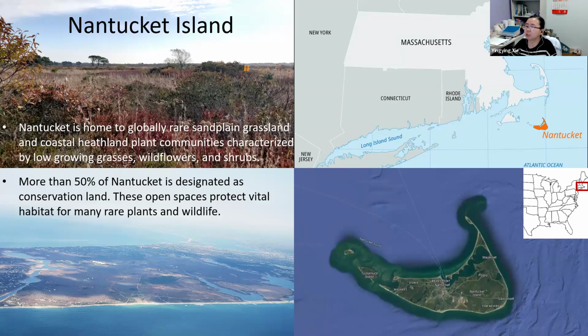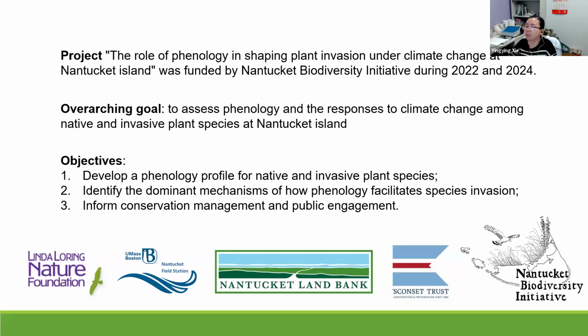So this project is about understanding the role of phenology in shaping plant invasion under climate change on Nantucket Island. The major goal is to assess phenology and the responses to climate change among different native and invasive plant species. Hopefully we can develop a phenology profile for native and invasive species so we know which species generally come up later or earlier.